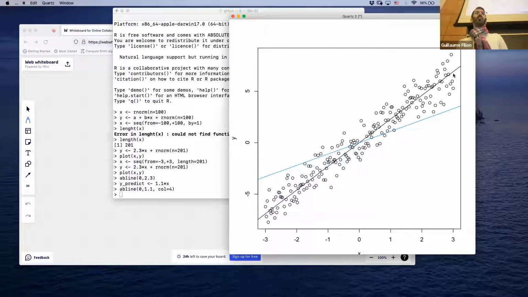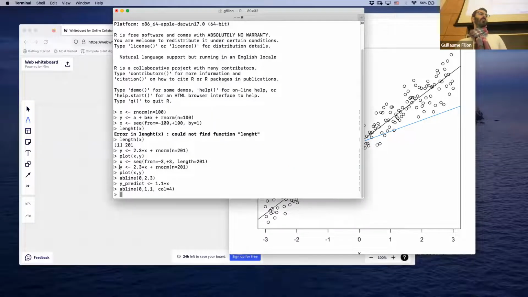So now I'm computing the distances between every one of these points and the blue line. That's really what I compute the dnorm on. If all I know about the model is that it's of the form b times x, but I don't know b, plus a Gaussian noise, the way I compute the likelihood of one particular parameter b is to take the vertical distances, so y_predict minus y.